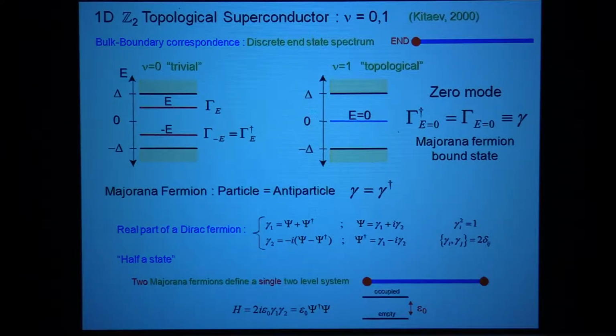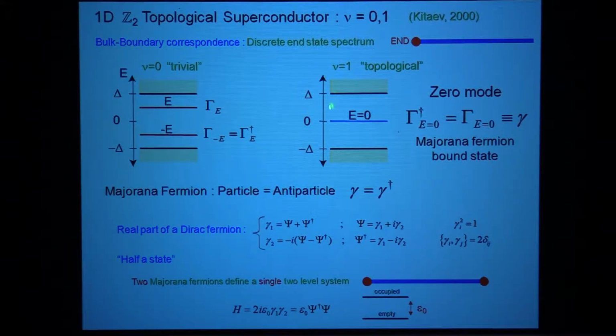Okay, and in order to understand this in the simplest way, I want to do what I've been doing all along, which is to first think about the boundary and ask, what kinds of protected things can I have on the boundary? The boundary of a one-dimensional system is, of course, the zero-dimensional end. If I have a superconductor with an energy gap, then it's always possible that I could have states inside the energy gap, and these states are exponentially localized at the end.